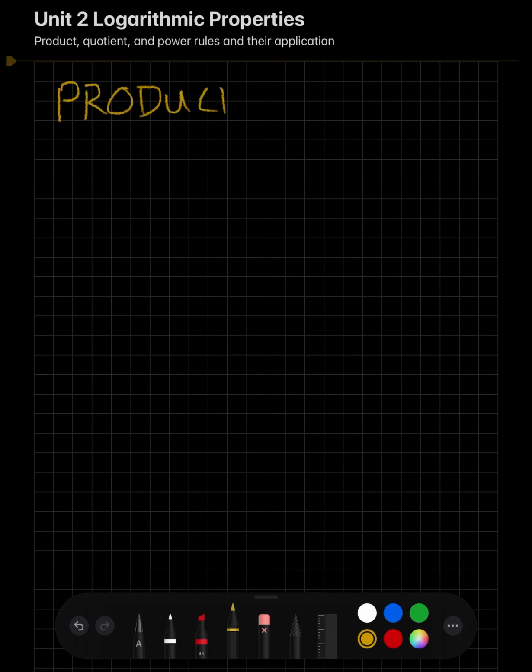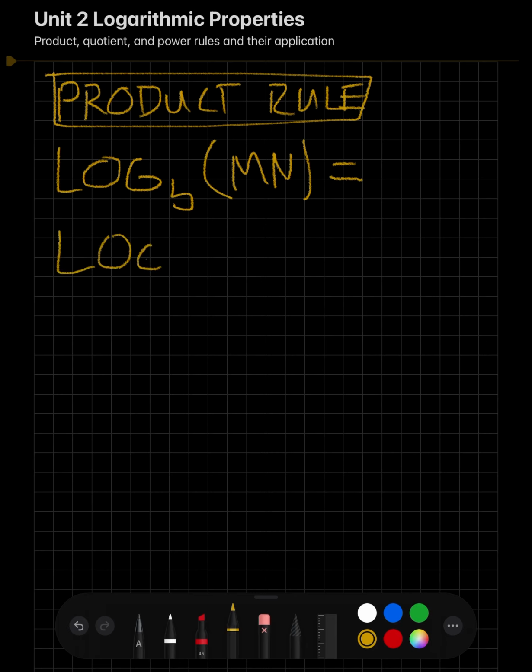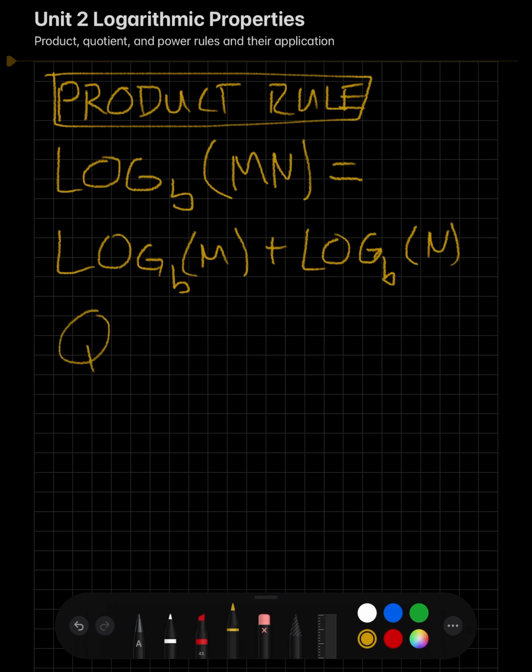So here is what we would call the product rule of logarithms. We have log base b. If I take the product within our logarithm like this, I can separate this out into the logarithm base b of m added to the logarithm base b of n.